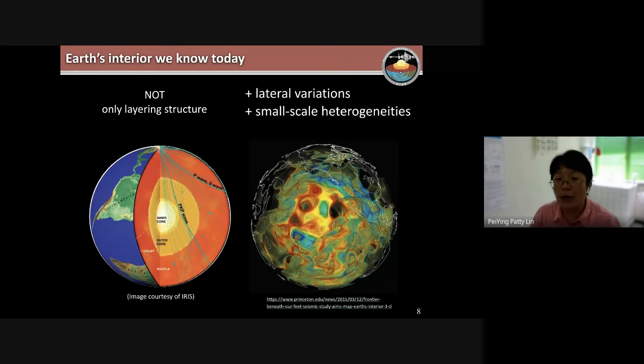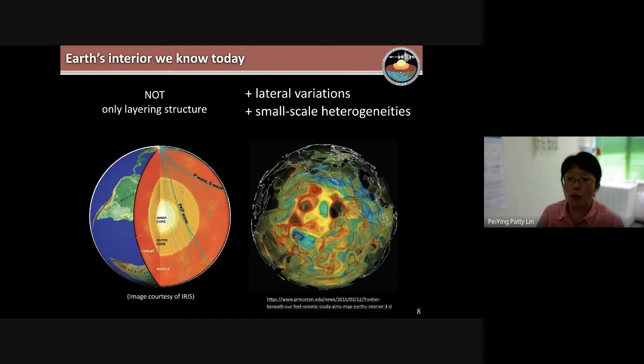These include lateral variation, usually larger scale or small scale heterogeneity. There are lots of small scale structures beneath the surface. If you look at this image clearly, you can see the slab subducting in the west, in Northern America, and in the Central Pacific you can see the red, slow structure at the bottom of the mantle.